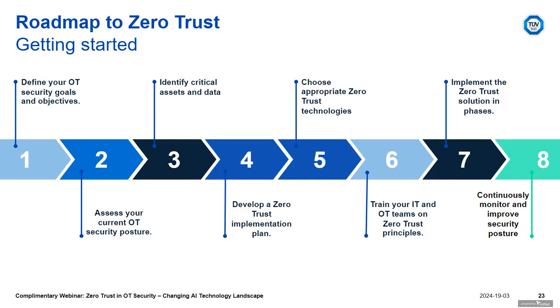The first step is defining your OT security goals and objectives. You should be clearly able to state your goals towards OT security: what level of security, and what level of technologies you would like to deploy later on. This requires determining the security levels the organization wants to achieve.